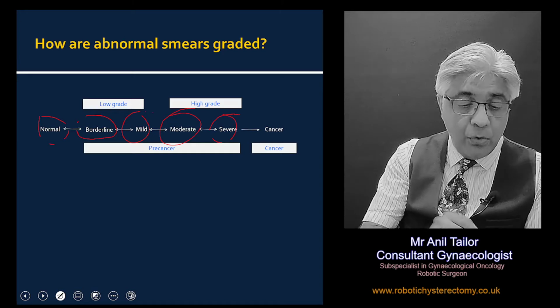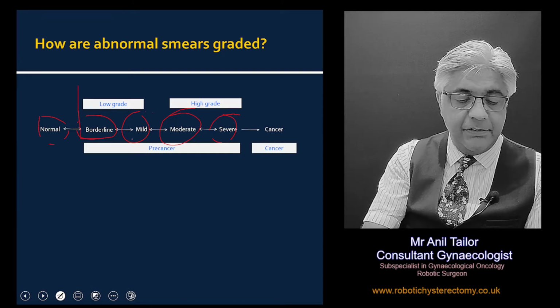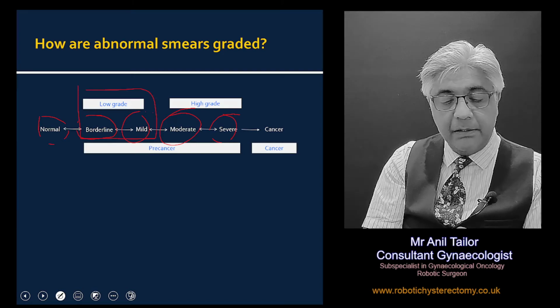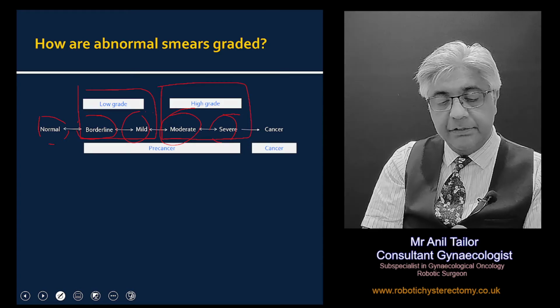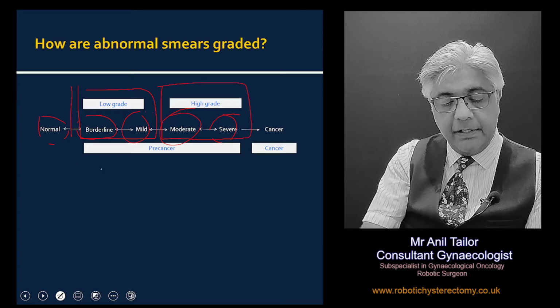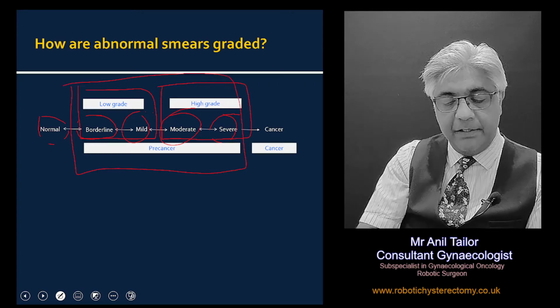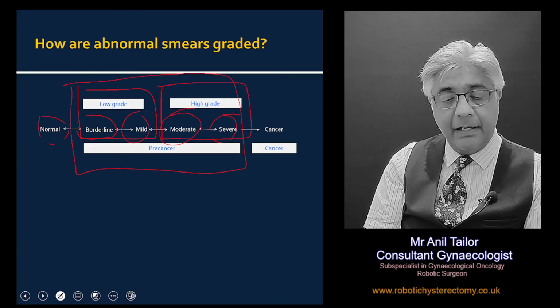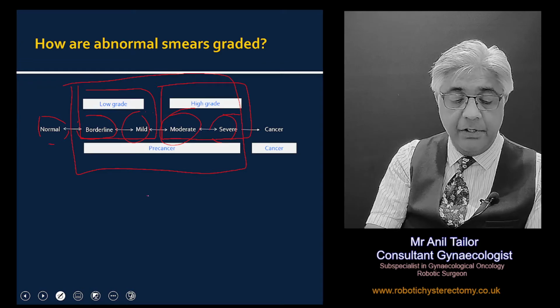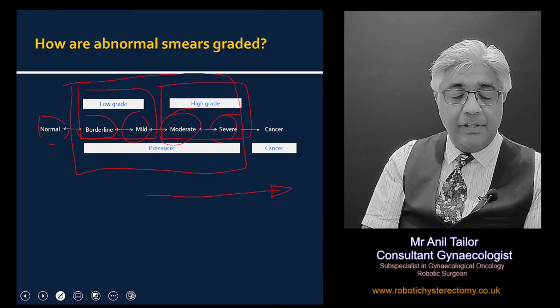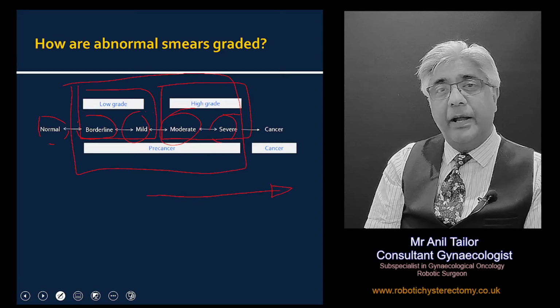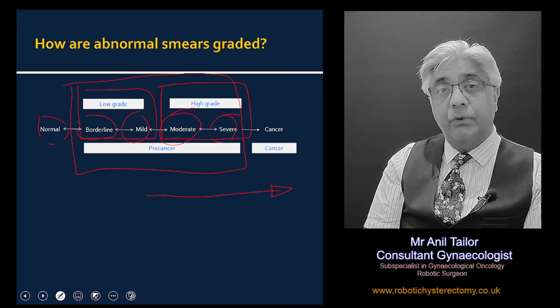So the low-grade abnormality is the borderline and the mild, and the high-grade abnormality is the moderate and the severe abnormality. All this is precancer abnormality, and it can take many years for precancer to eventually become cancer. So that's very briefly how abnormal smears are graded.